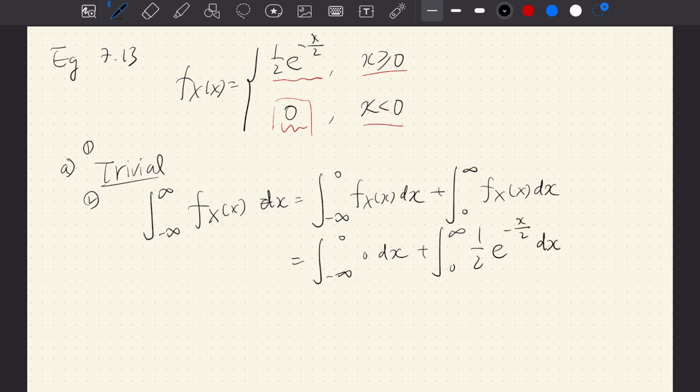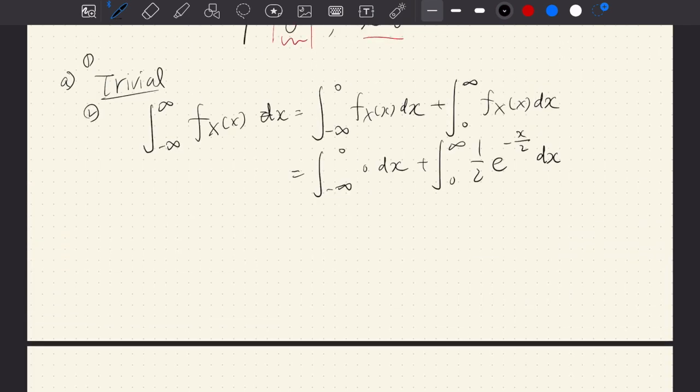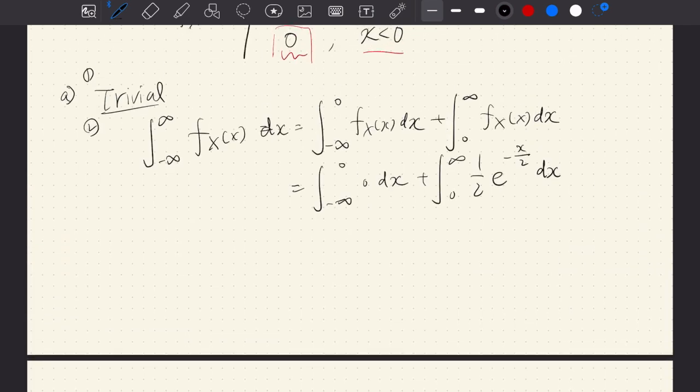Okay, now for the first term, if you integrate 0, you get the antiderivative. One of the antiderivatives is just a constant. So if you plug in the upper limit and lower limit, it would be constant minus constant.